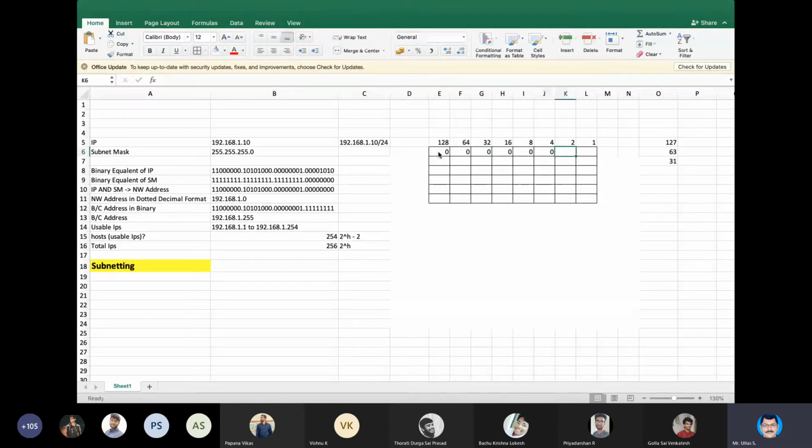Okay, this is the first combination, correct? What is the next combination? 0 0 0 0 0 1. This is the next combination. Okay, what is the third combination? What is the fourth combination?